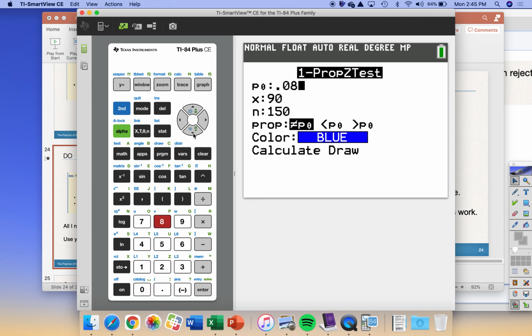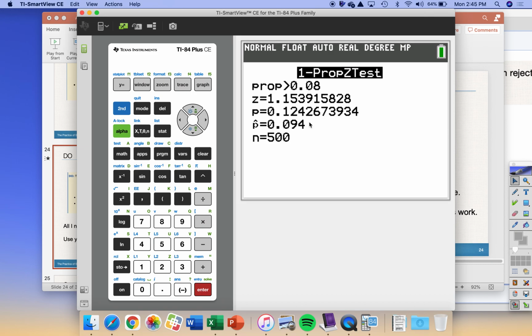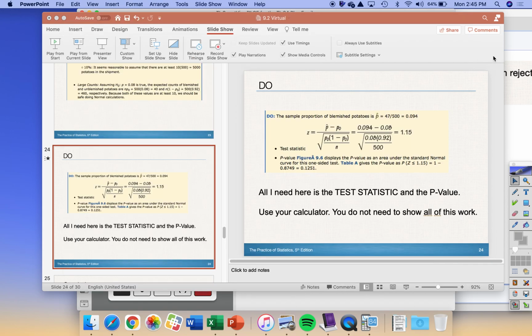That's our null hypothesis. And I believe this was 47 out of 500. And we only cared about the right tail, so greater than p naught. And then we hit calculate. And we get this z-score and this p-value. Now, they did it by hand. You're going to use a calculator, and you're going to write those 2 things down in your do section.